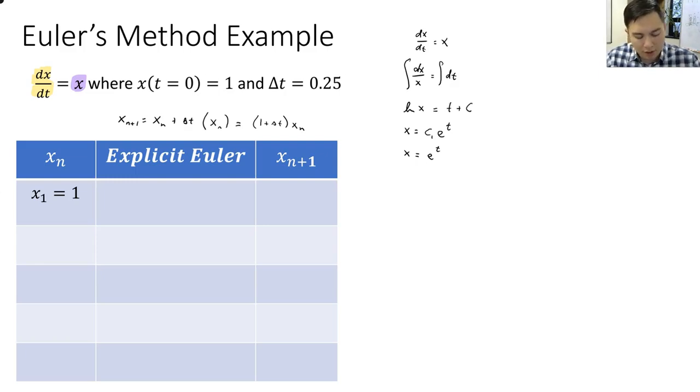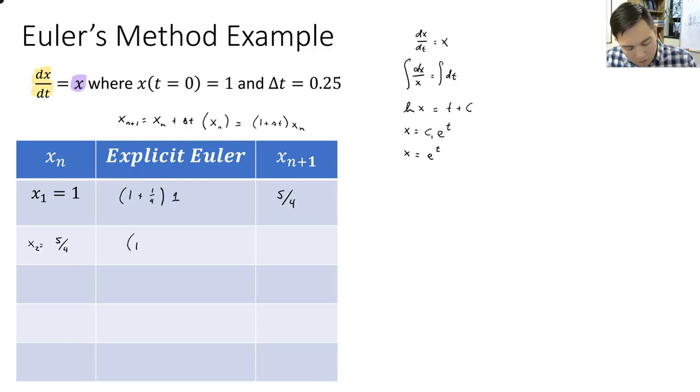if we want to make things a little bit easier. If we're taking time steps of 1/4, that's going to correspond to 1 plus 1/4 times our x_n value, which is just 1, and so that's going to give us a value of 5/4. Take another time step. x_2 is equal to 5/4.